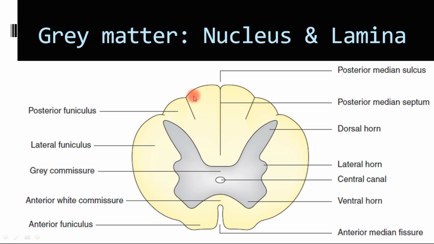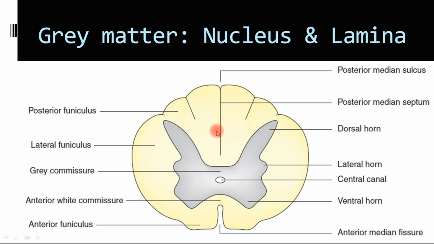The white matter is further divided into funiculi. The posterior part of the white matter of that half is called the posterior funiculus, the lateral part is called the lateral funiculus, and the anterior part is called the anterior funiculus. So this is the subdivision of white matter in each half.